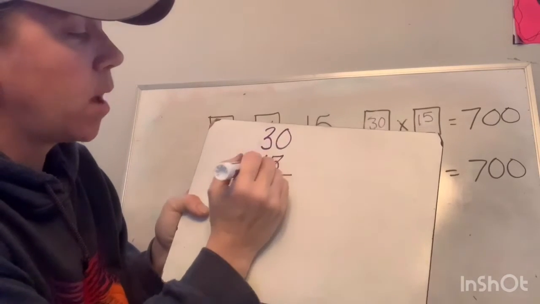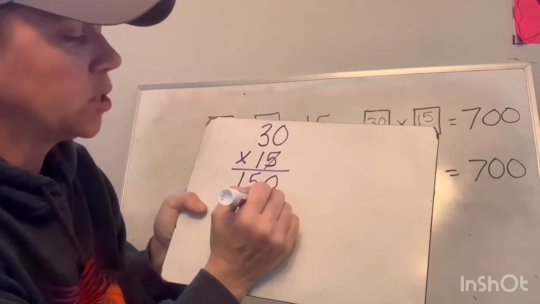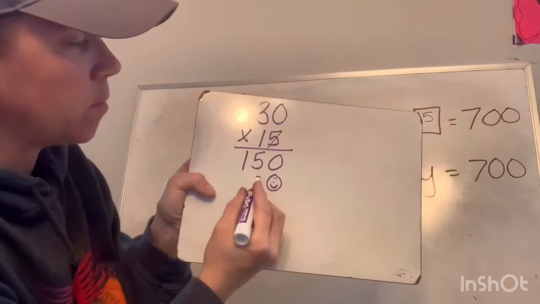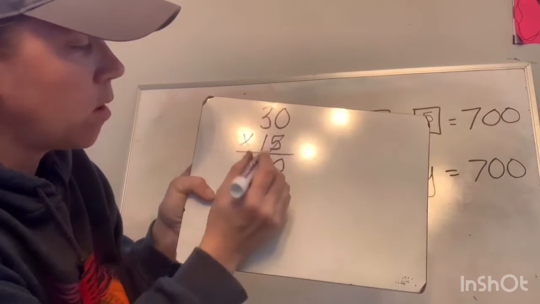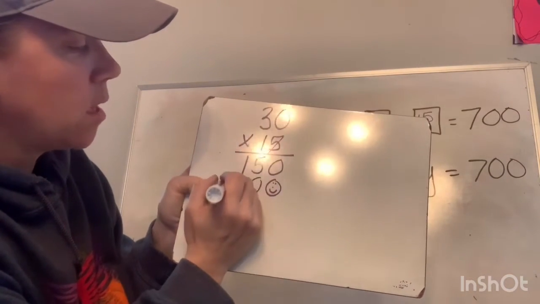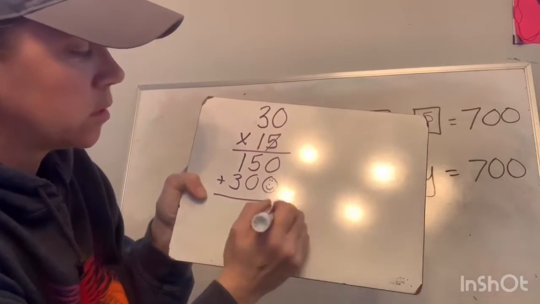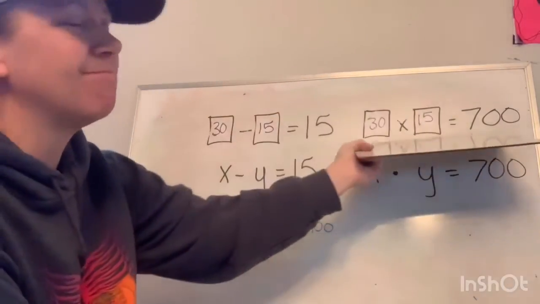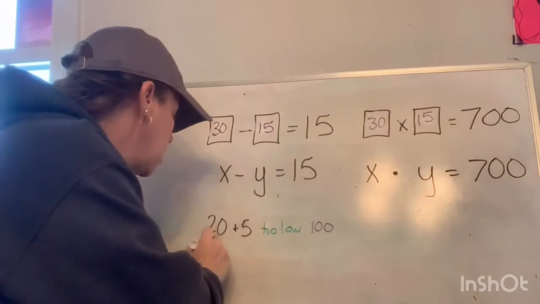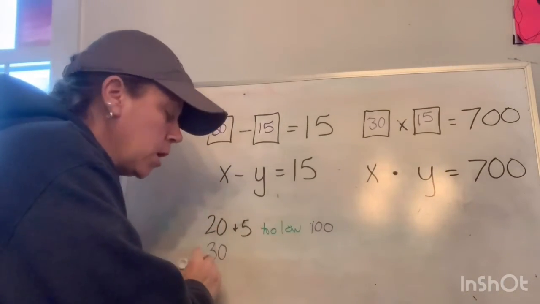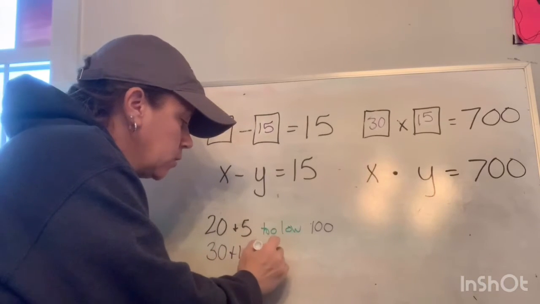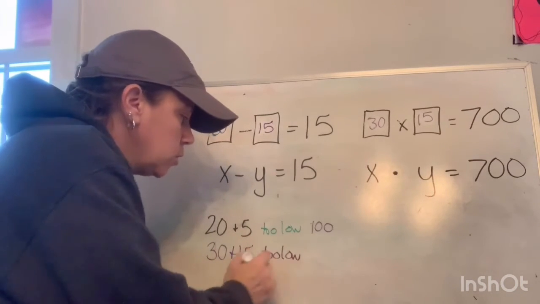I'm multiplying by the 1 now, so I got to put my magic 0 because it's in the tens place, so my answer has to go in the tens place. Remember, 1 times 0 is 0, 1 times 3 is 3. I add those numbers, 0, 5, 4. 450. Not close to 700. Also too low.